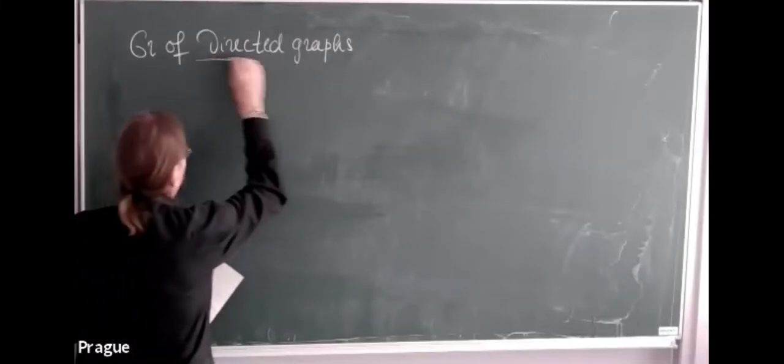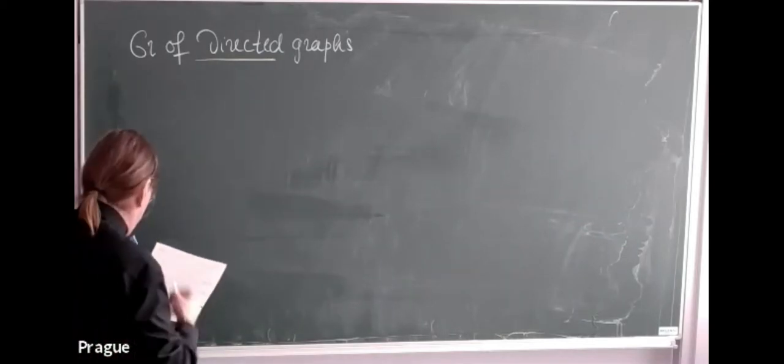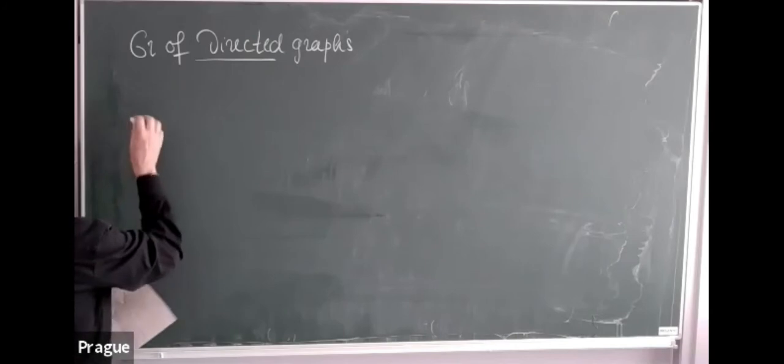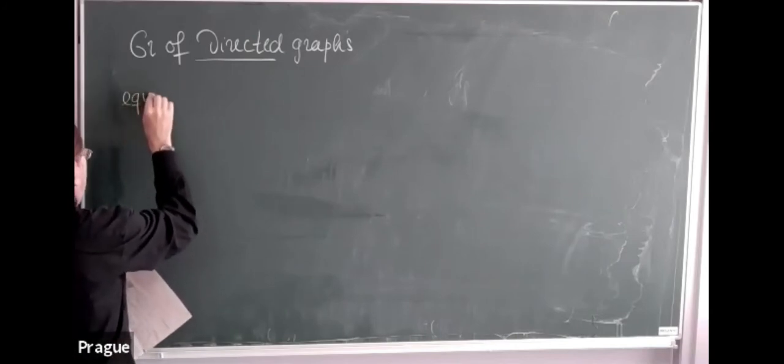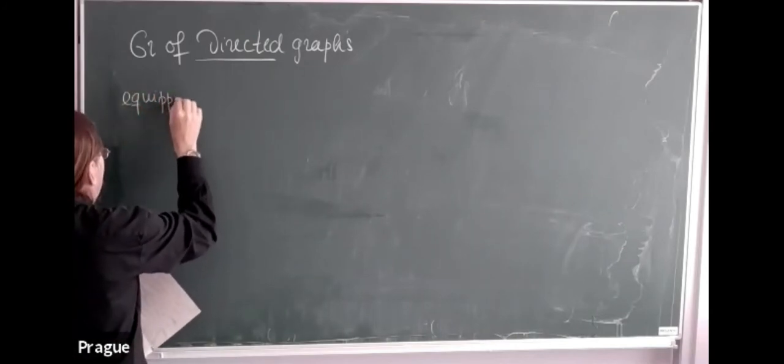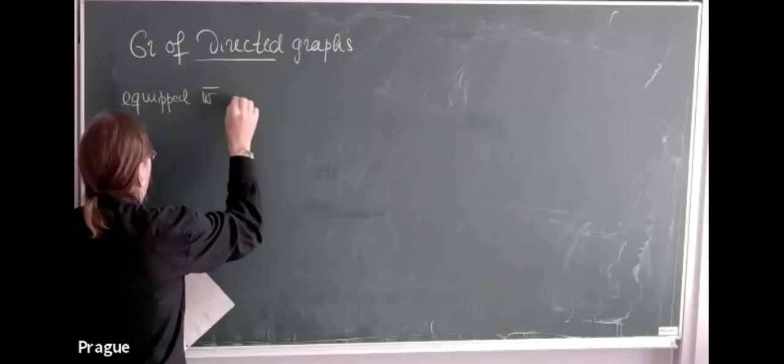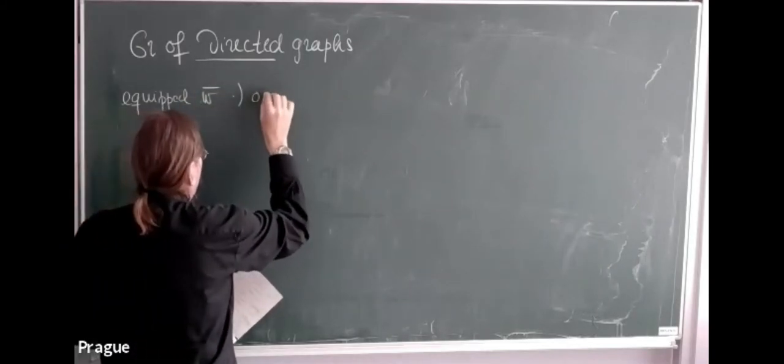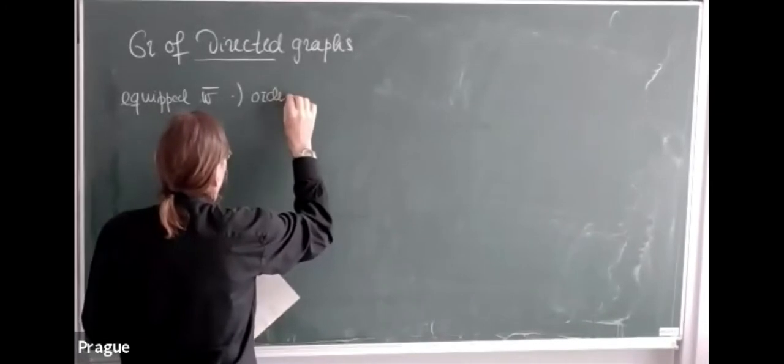So what this directed means, these are graphs in the common sense, such that they are equipped with a linear order of vertices.